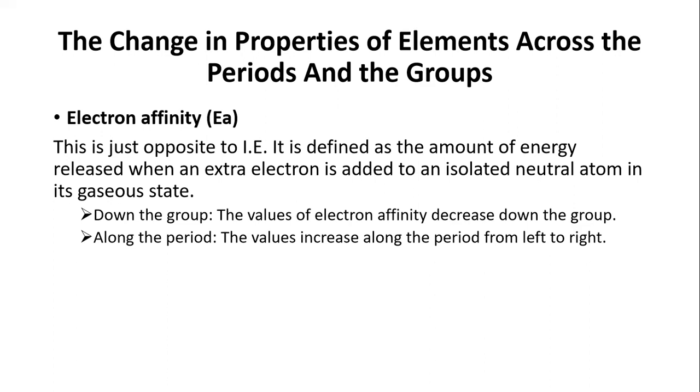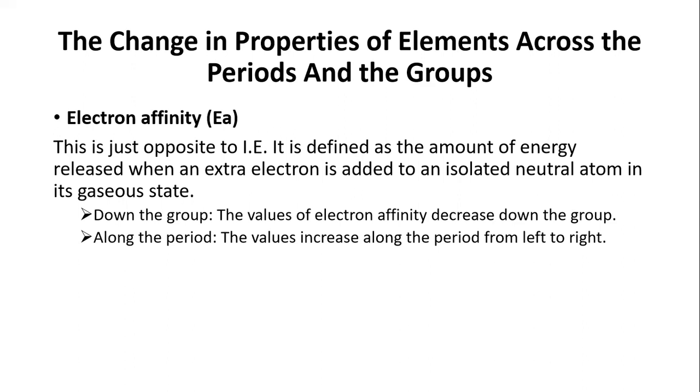Now, how does this work? The value of electron affinity decreases down the group, just the same as the ionization energy. And along the period, the values increase from left to right. You can work with these properties very well while you are observing your periodic table.